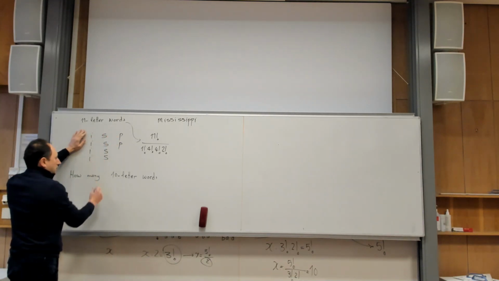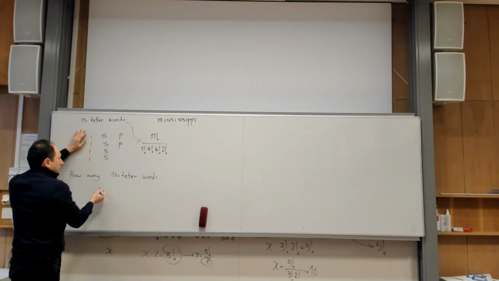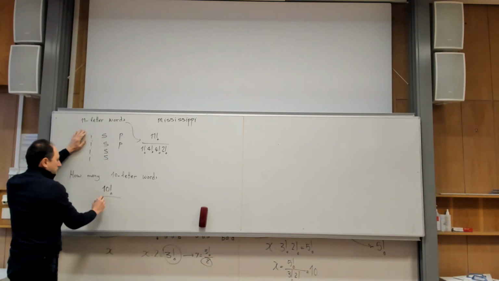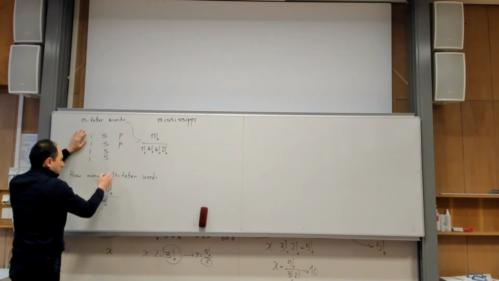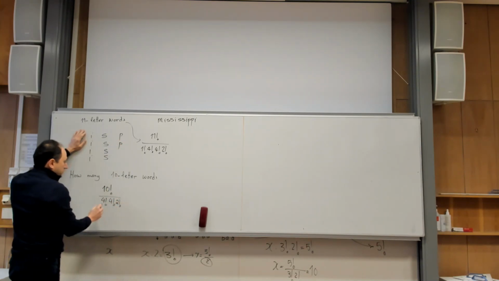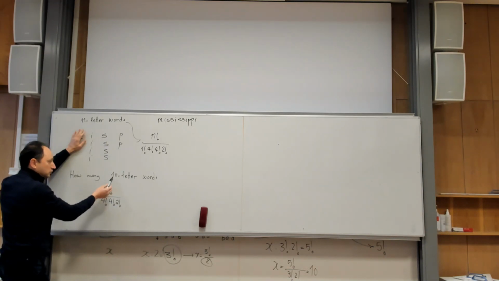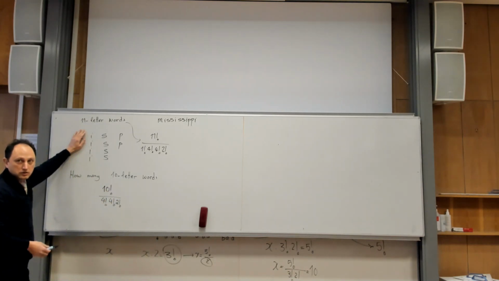So how many letters are there now? 10 of them. But 4 of them are repeated. 4 of them also repeated. And this is 2 factorial. If someone asks you to write a sentence for it, I would say that this is all possible 10-letter words not containing M. Yes? Is that clear?